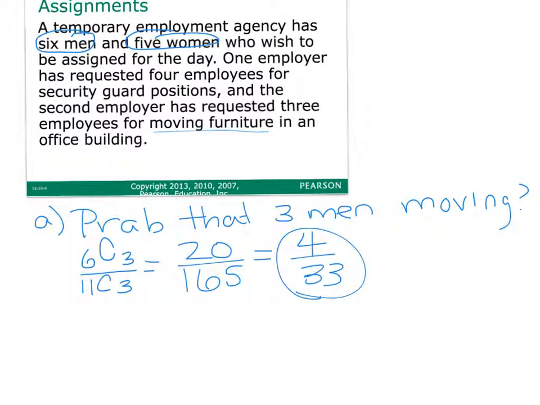A second question about this scenario, what is the probability that 3 men will be selected for moving furniture and 4 women will be selected for security guard positions?